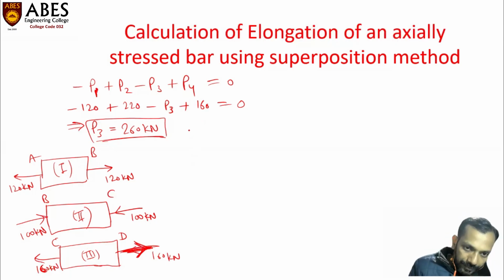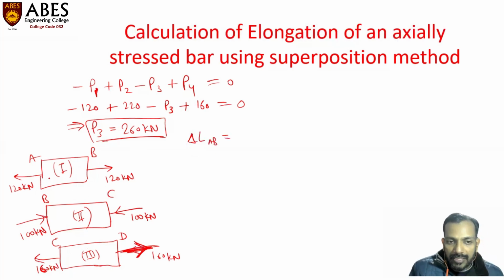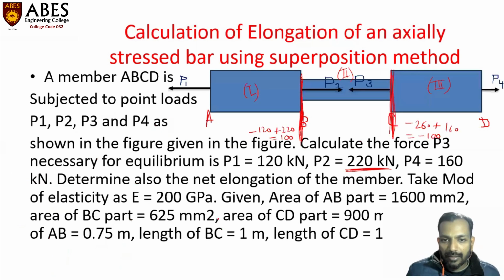So, the net elongation of the bar AB, it is a tensile nature of force. The value is FL upon AE. We will use this formula. The force is 120 into 10 to the power 3 newton. What is the length of AB?